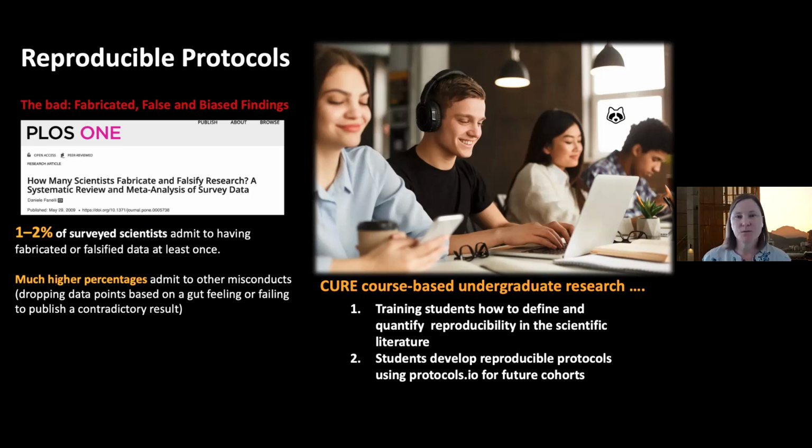So we are, with Dr. Elise Poncero, developing a class that's called a CURE, and it's a course-based undergraduate research class. So the students in the class get the opportunity to do research projects to try to quantify and define what is reproducibility in the scientific literature. And as part of that class, they're developing protocols in protocols.io that will walk future students through exactly what they did for their analyses.